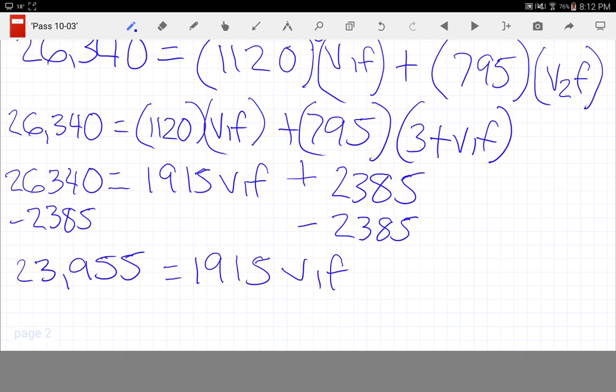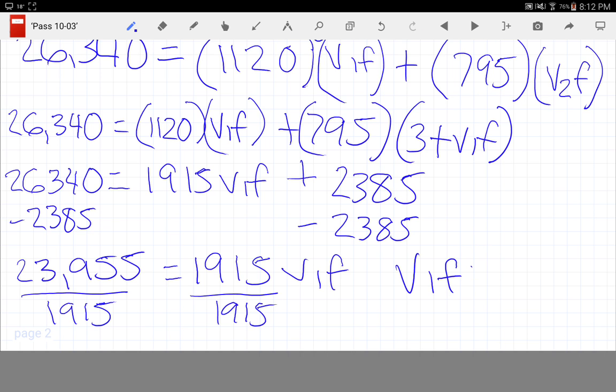Okay. So now we can divide this over. Then we have V1 final equals 12.5, and that's meters per second.